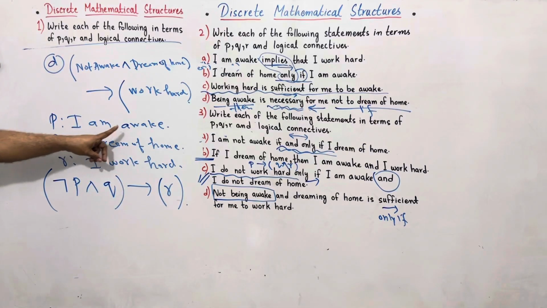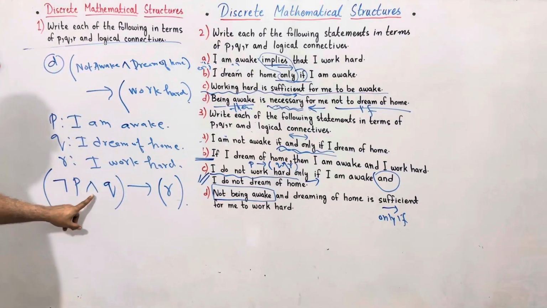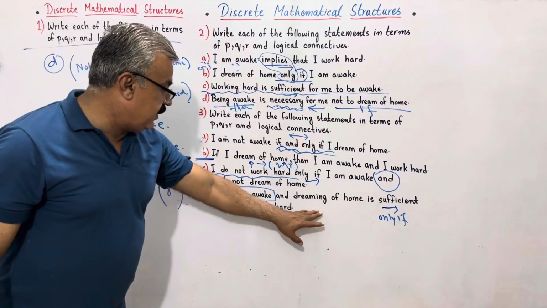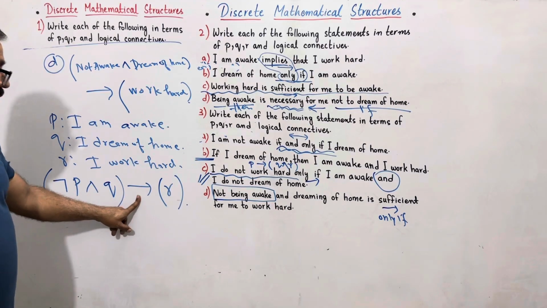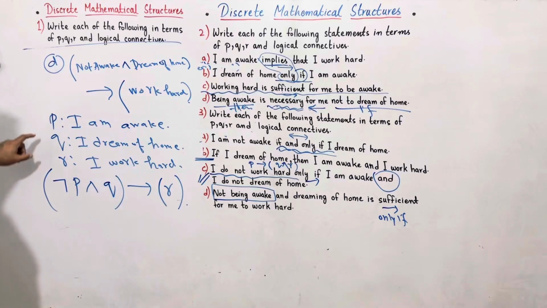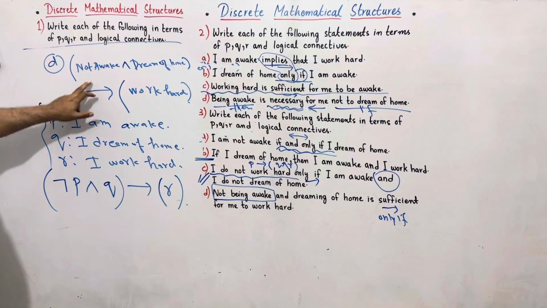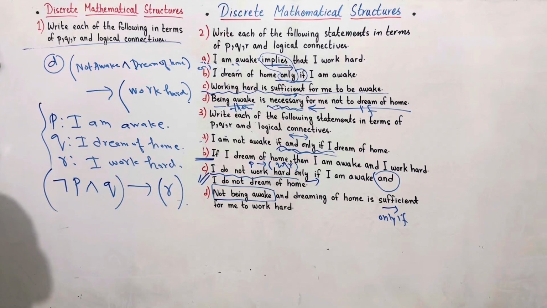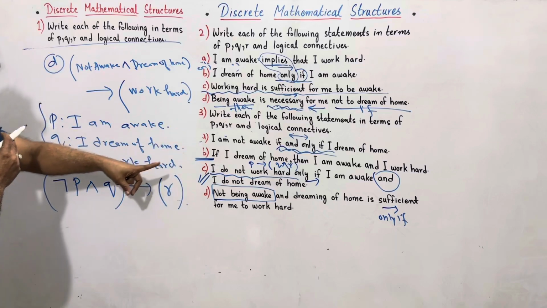Or awake, I am awake means P, so not P. And I have written and. Dreaming of home, I have written Q. Implies that I work hard. Our work hard is R. I have written keywords for you: not being awake and dreaming of home implies that you work hard.